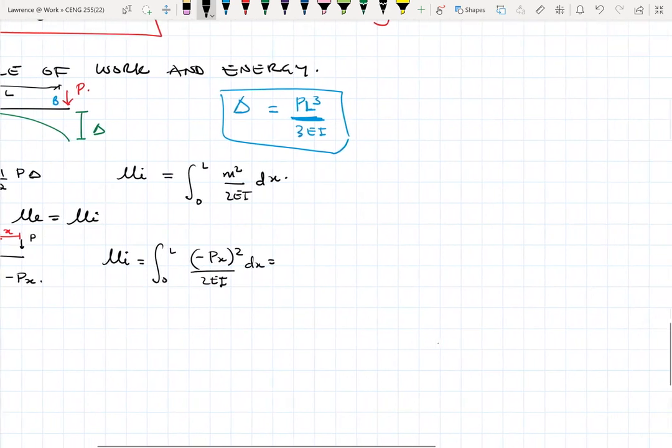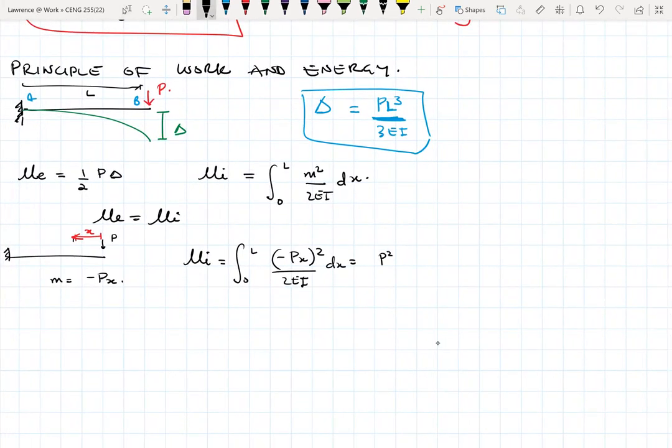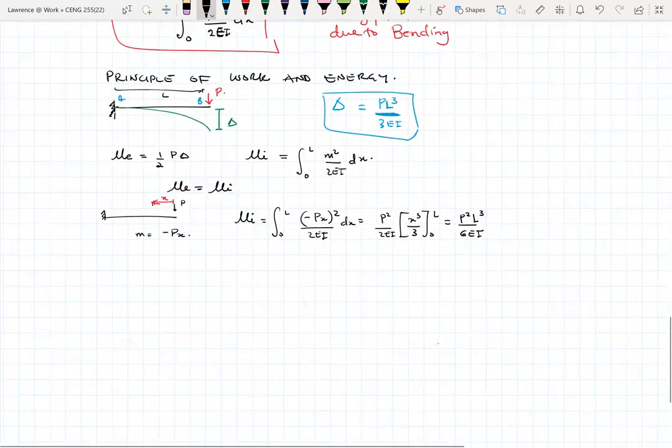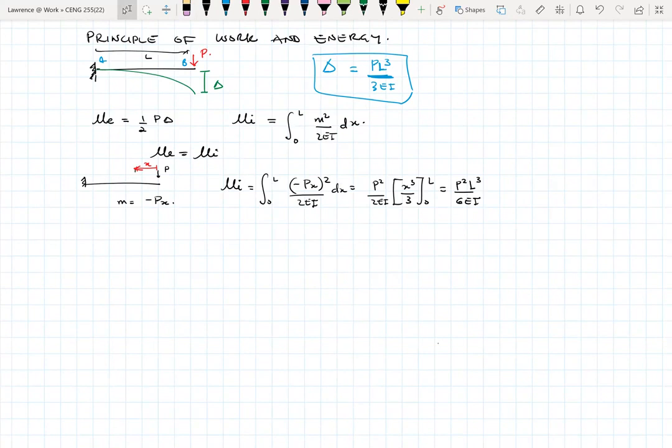So if I integrate, I get P squared over 2EI times x cubed over 3, with the limits of integration being 0 and L. So this will give me P squared L cubed over 6EI. Now I have my internal work done and my external work done. Since U sub E is the same as U sub I, half P delta will be equal to P squared L cubed over 6EI.